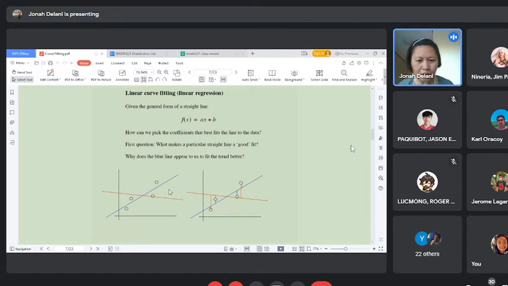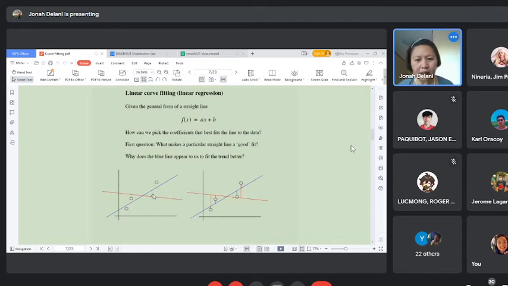If we will try to measure the distance of the points from the blue line, i-compare nato sa distance of the points from the red line, murag mas dagko ang difference sa red line. Mas gamay ang kalayuan sa point sa blue line.